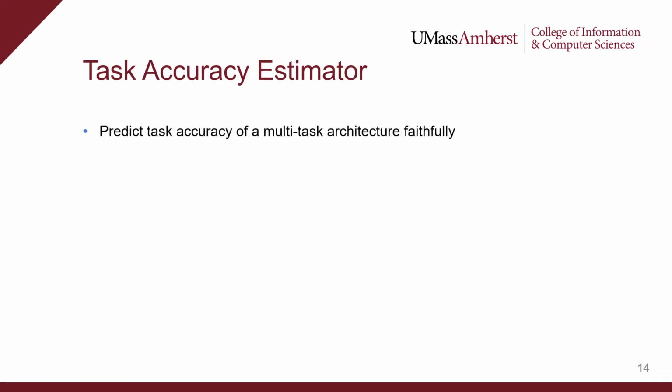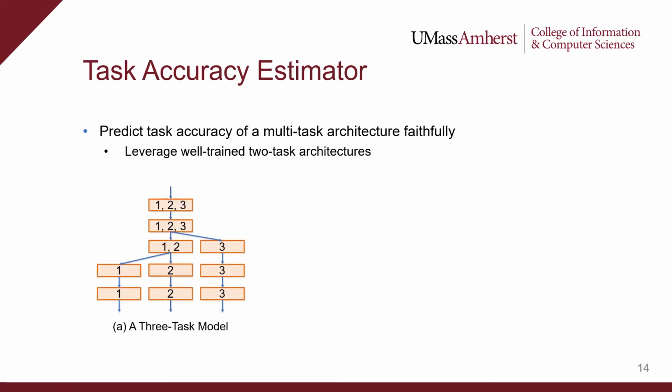Then, for each architecture candidate, the task accuracy estimator can predict its task accuracy without performing actual model training by leveraging well-trained two-task architectures to quantify task interactions. Given a three-task model, we can figure out its associated two-task models from all two-task combinations.